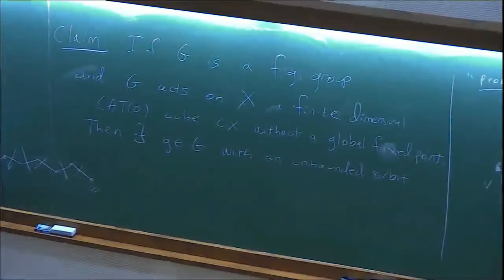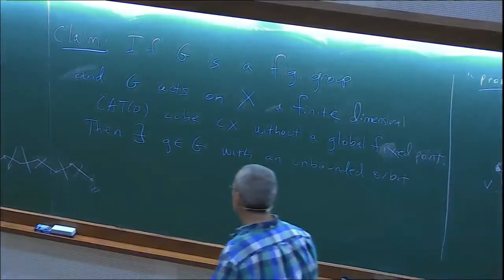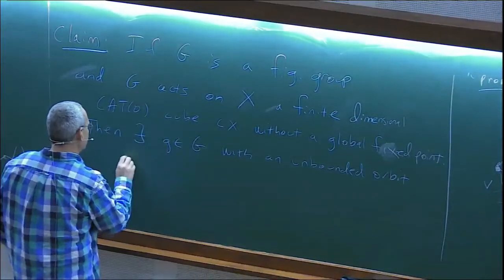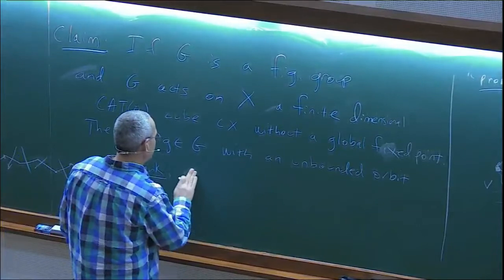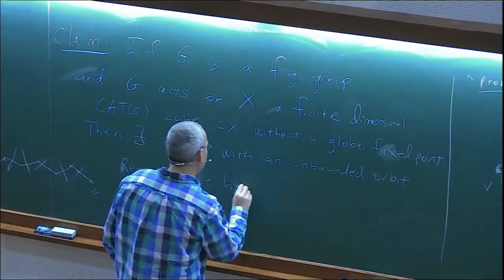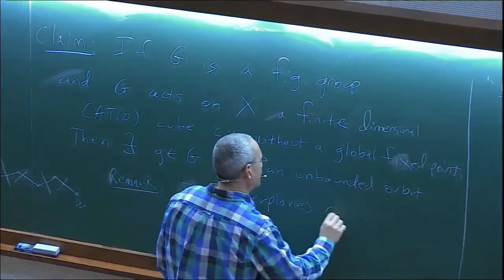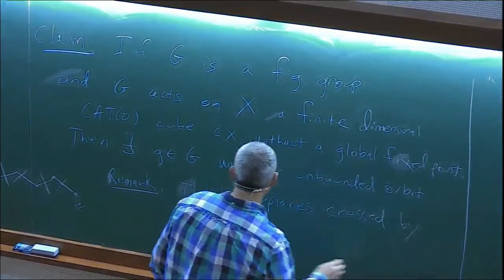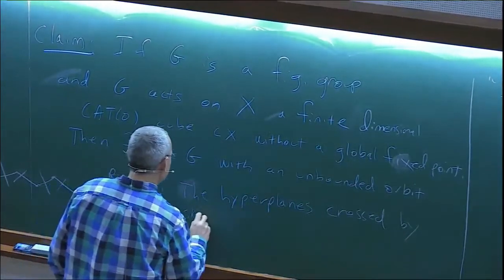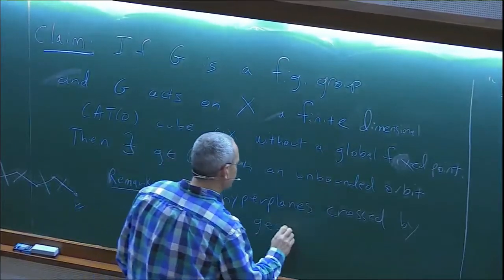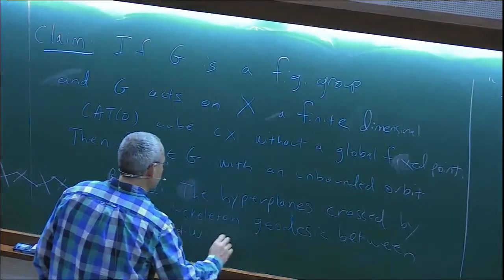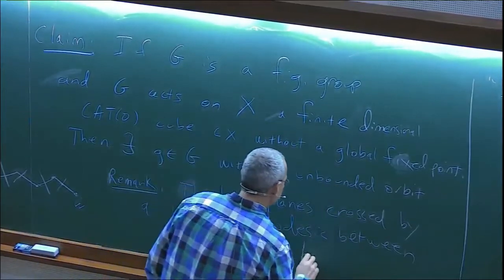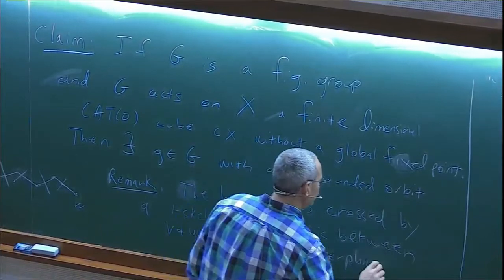Those are precisely the hyperplanes that separate V and W. So maybe we should record that as a remark: the hyperplanes crossed by a one-skeleton geodesic between V and W are the hyperplanes that separate them.